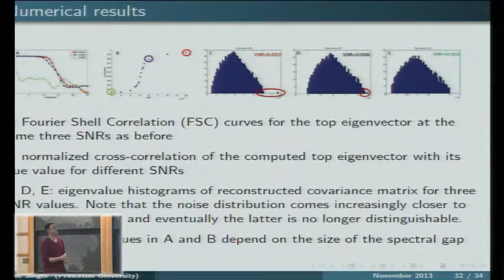As we decrease the signal-to-noise ratio, this distribution gets larger and larger, and the gap gets narrower. Still, there is some nice correlation value. But once the SNR gets below a threshold, then you don't see the eigenvalue popping out anymore. Basically, the correlation becomes practically zero, and we cannot reconstruct the top eigenvector.